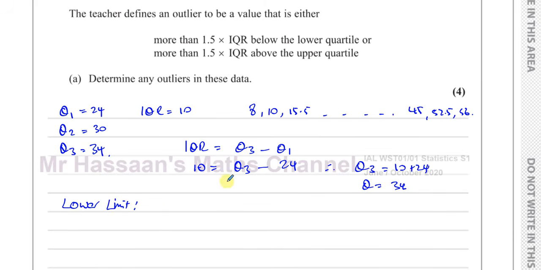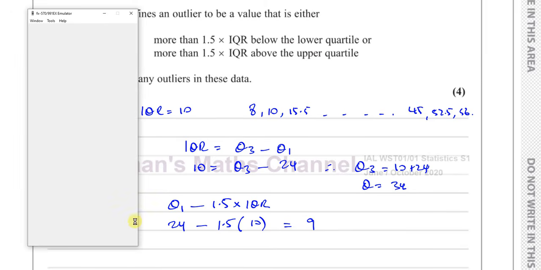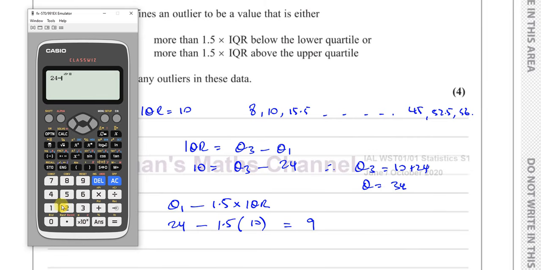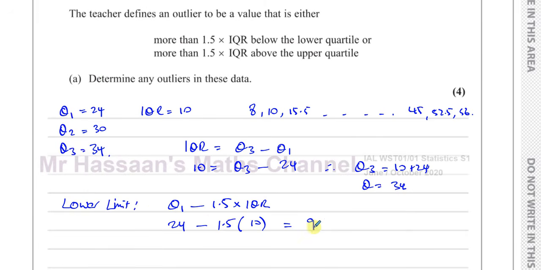Okay, so as we know, the lower limit is the lower quartile, Q1, minus 1.5 times the interquartile range. So Q1 we know is 24, minus 1.5 times the interquartile range, which is 10. So it's 24 minus 15, which is 9. So that's the lower limit for the outliers.